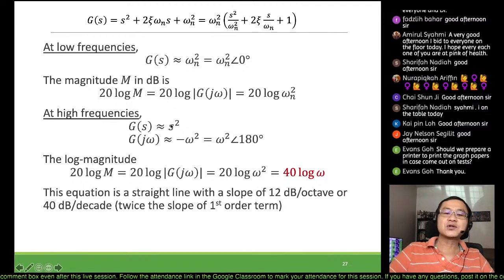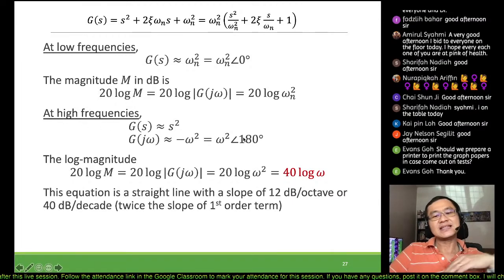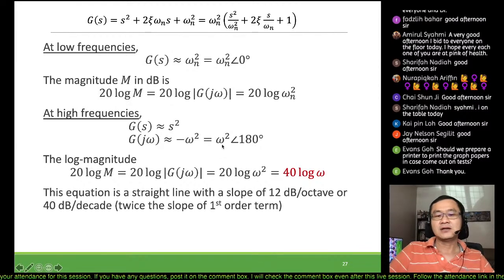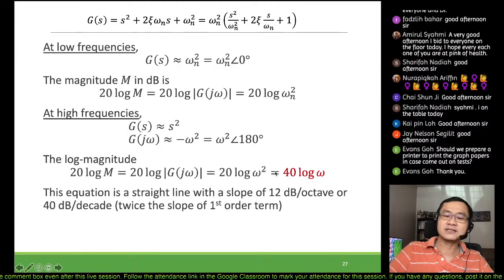At high frequency it is 180 degrees, but then the magnitude becomes omega squared. Therefore again, once we put it into our calculations, it will become 40 log omega. Since this is squared in the log, we just bring it out, multiply by 2, and it becomes 40 log omega.